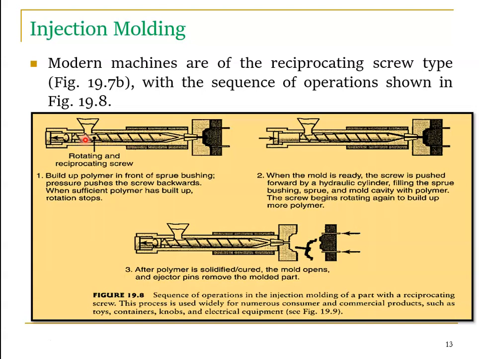This is used to determine the volume, how much material is inserted. After enough material is added, the piston is moved forward. This is the reverse direction, and this is the forward direction. The material is forced and injected into the cavity present in the die. Then the die is opened, and after curing, the part is removed. This is the sequence of injection molding.